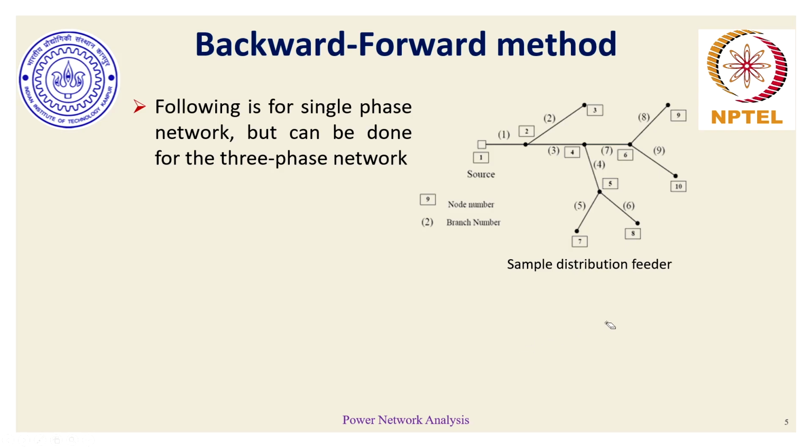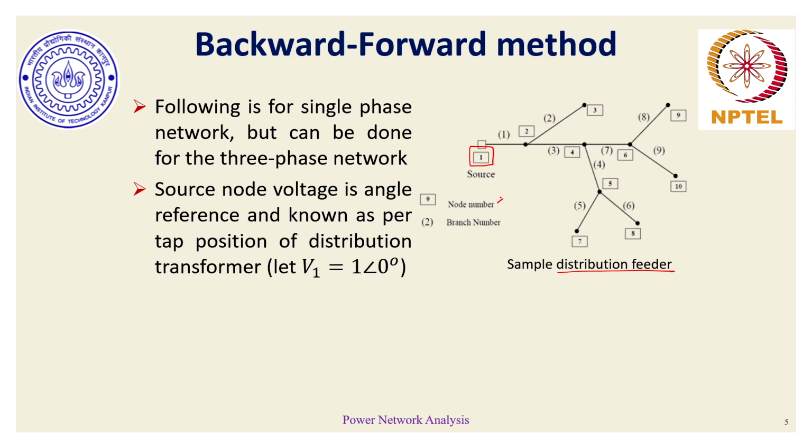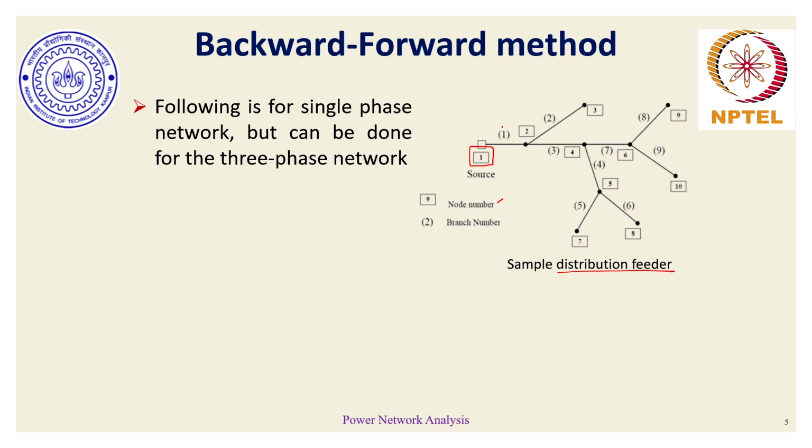So what do we do? That is where one of the most popular techniques, the backward forward technique, comes in. We will focus on a very simple version of a typical distribution network or feeder, wherein the numbers present inside these rectangular boxes represent the node numbers or bus numbers, whereas the numbers within these brackets refer to the line number or branch number.